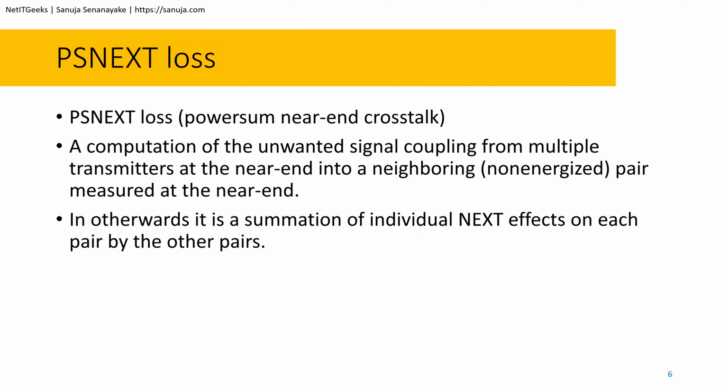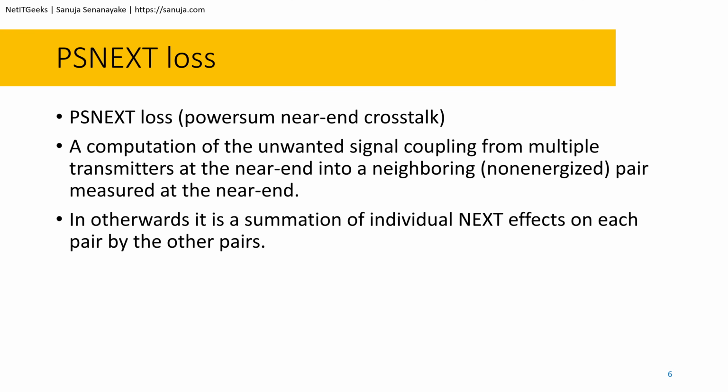PS NEXT loss is basically Powersum near end crosstalk. What is it? Basically it is a computation of the unwanted signal coupling from multiple transmitters at the near end into a neighboring non-energized pair measured at the near end. So in other words, it is a summation of the individual NEXT effect, which we learned in the previous slide, on each pair by the other pairs.